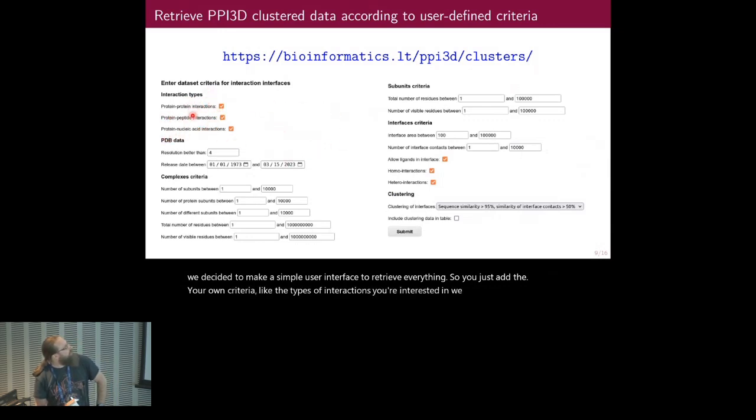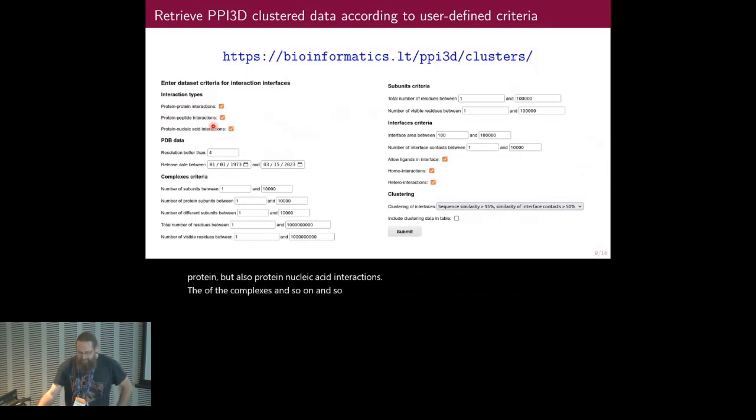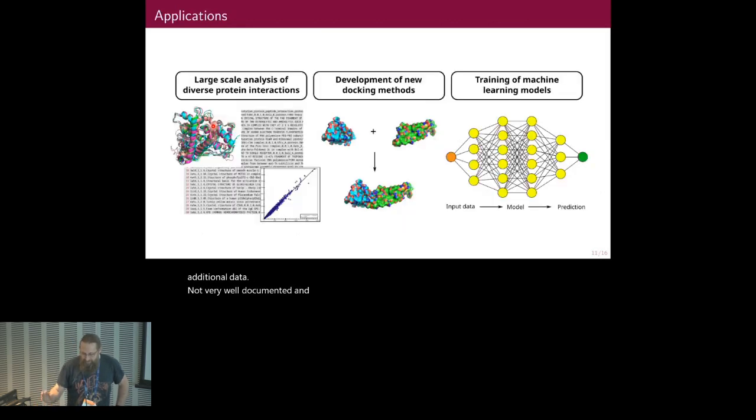We have not only protein-protein, but also protein-nucleic acid interactions, the sizes of the complexes and so on, and then you get a big CSV table. You can download the structures and additional data, not very well documented, and then you can do whatever you want.